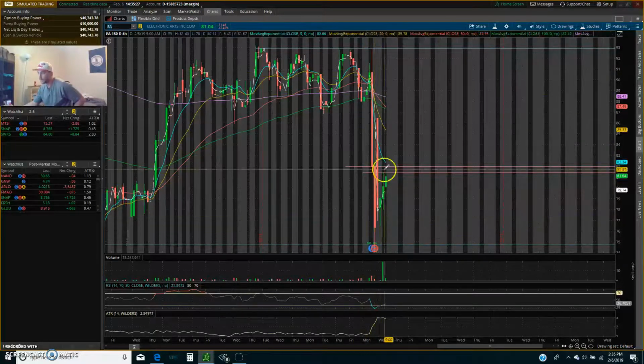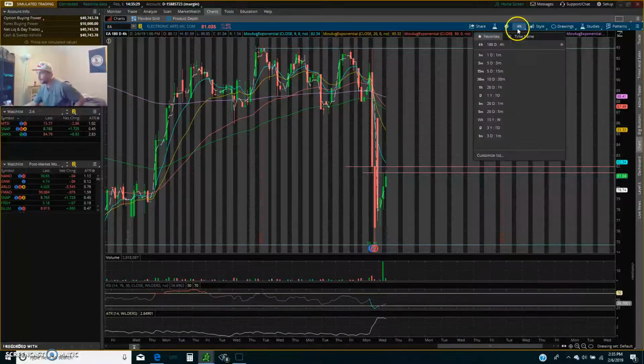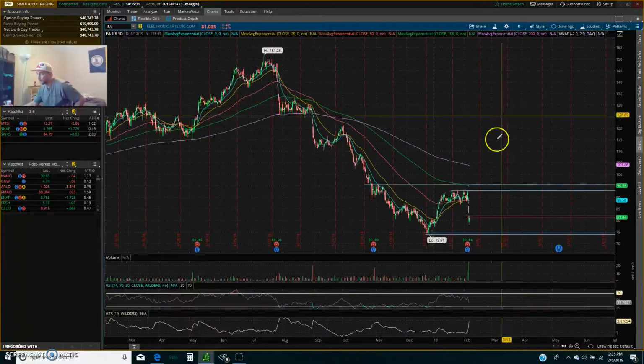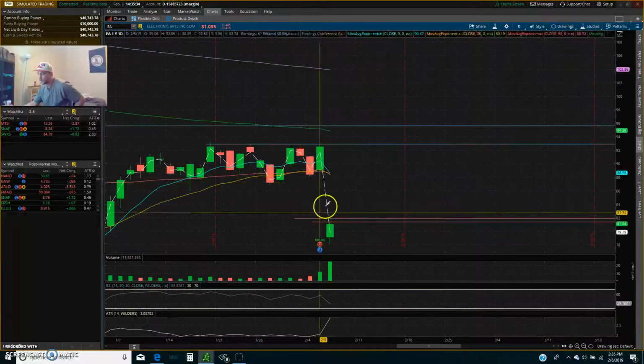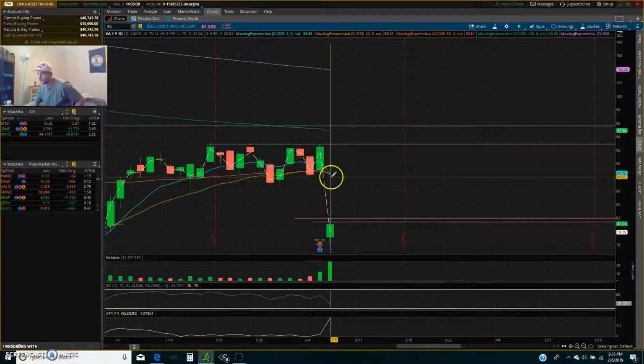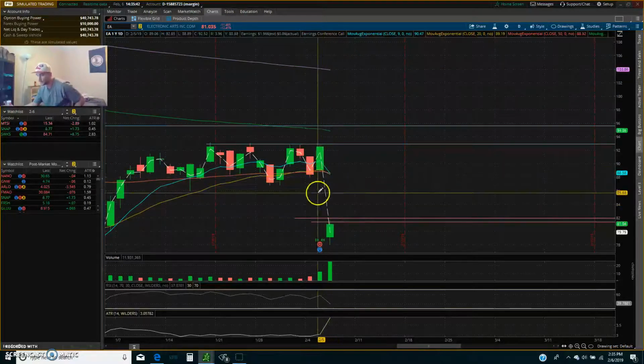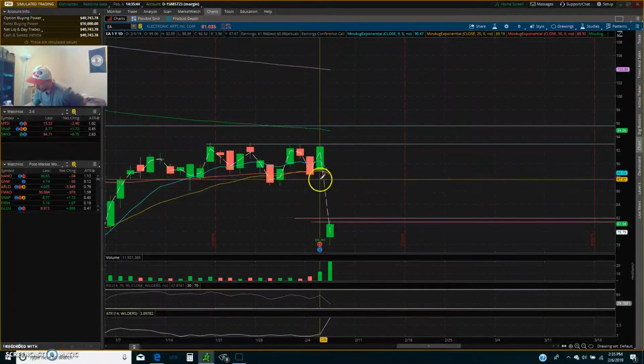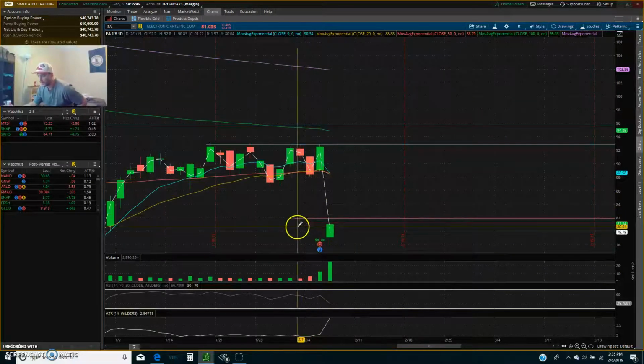It has gapped down. If we go to a 1 hour or 1 day, you can't see any of this red because it's a 1 day time frame, and the last chart was 4 hours. On the 4 hour time frame you can see the move down, but on the 1 day you can't. So that's one of the reasons it's called a gapper.